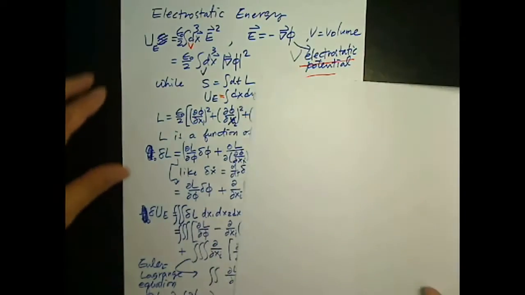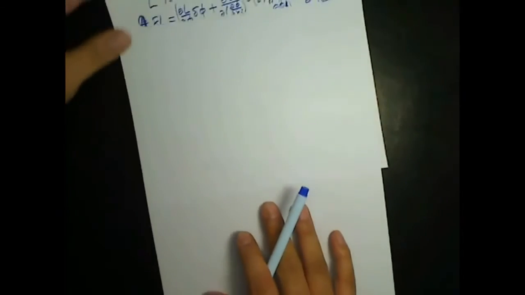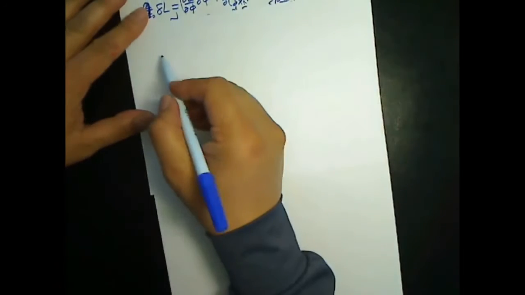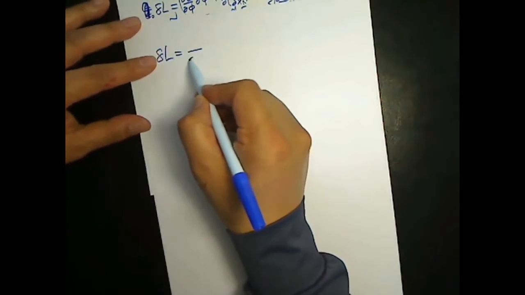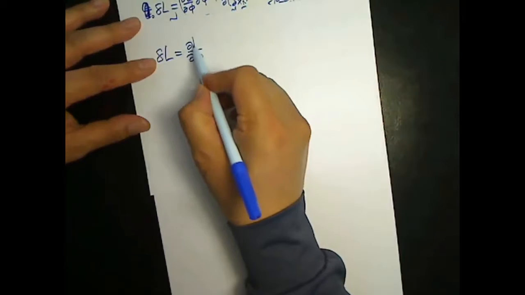It's too busy, so let me write in detail. So delta L has a phi dependence.